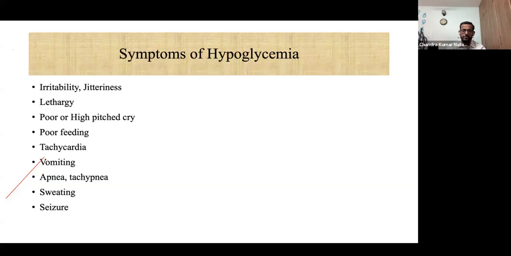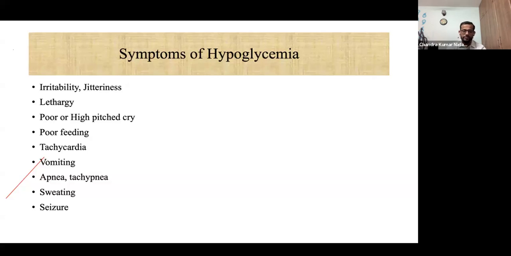Or some babies you might have thought were stable and shifted to the postnatal ward can present with hypoglycemia. So you need to know the signs and symptoms of hypoglycemia so that you can identify it early, screen for it, and treat it if required.